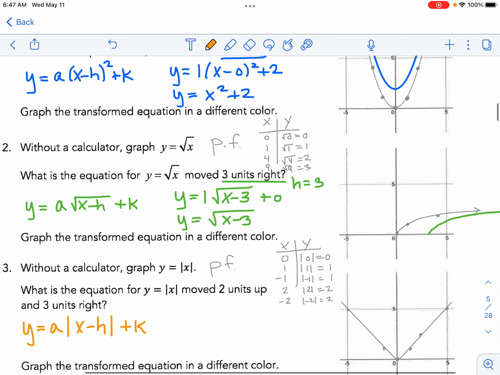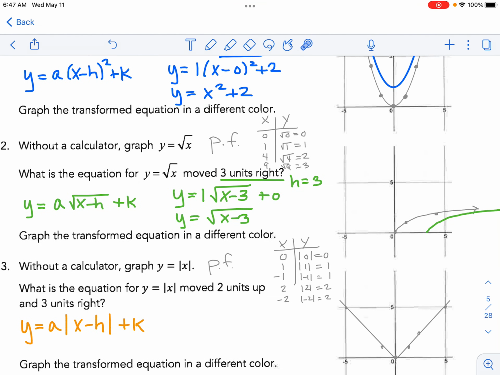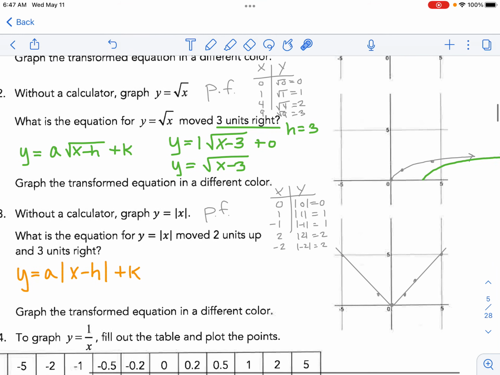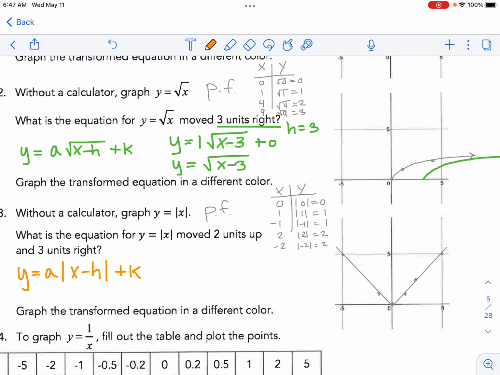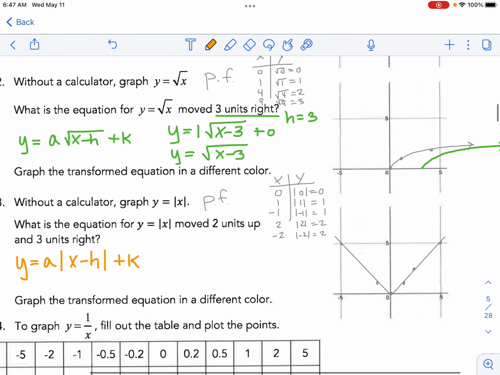We've gone from squared to square root to absolute value. Okay, so 2 units up and 3 units right, like we did for the quadratic. So we're moving up and right. 2 units up is a k of 2. 3 units right is an h of 3. So we're doing both transformations.